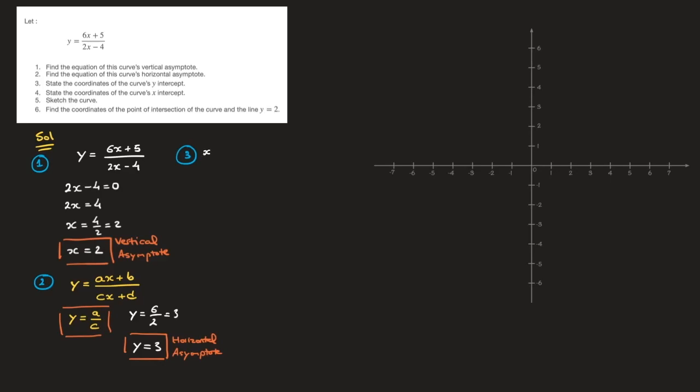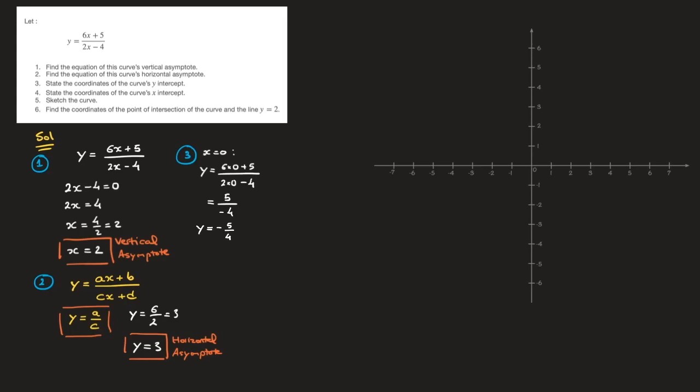So I'll just say x equals 0, and therefore y equals 6 times 0 plus 5 over 2 times 0 minus 4. And that becomes 0 plus 5, so that's 5 over 0 minus 4, which is negative 4. And I'll write that as y equals negative 5 over 4.